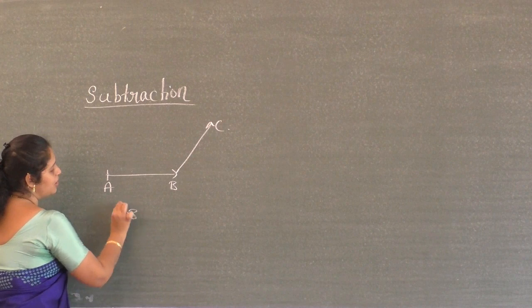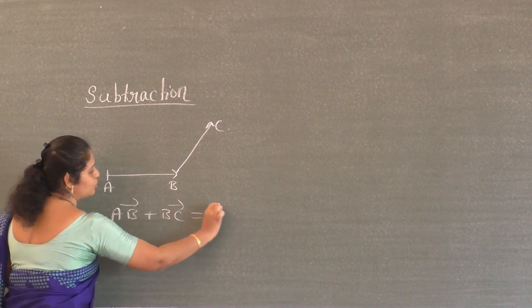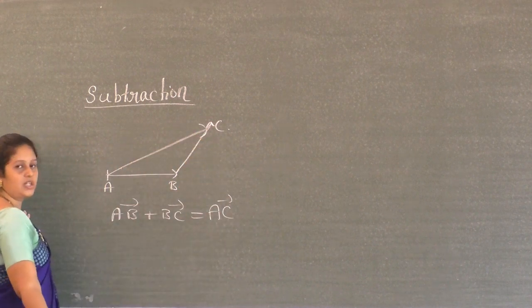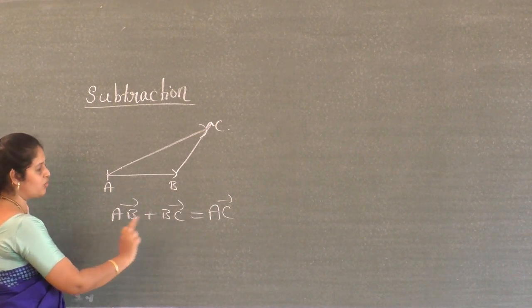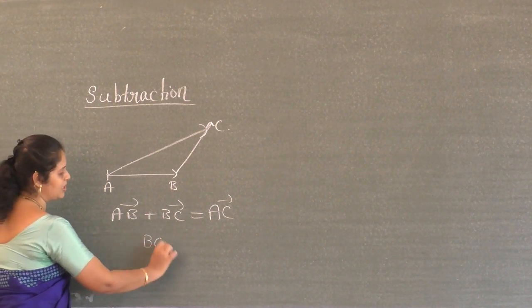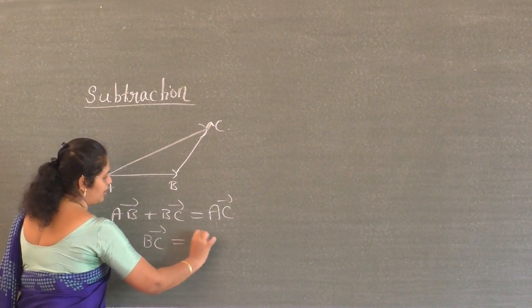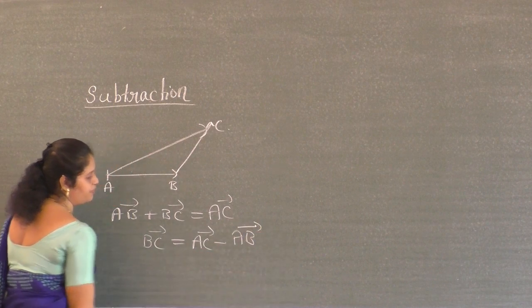Vector AB plus vector BC is equal to vector AC. We can write any vector as a difference of two vectors, like vector BC can be written as vector AC minus vector AB.